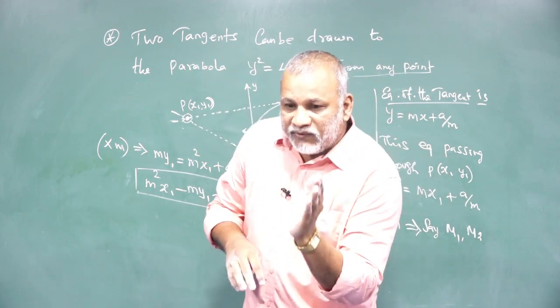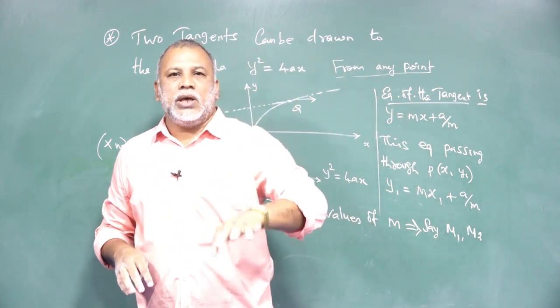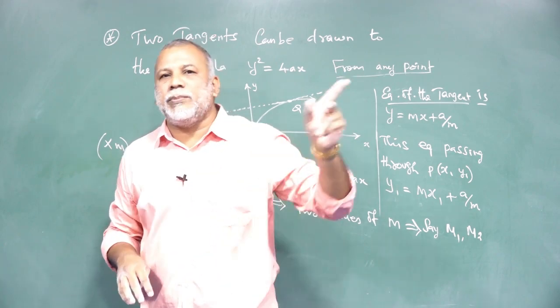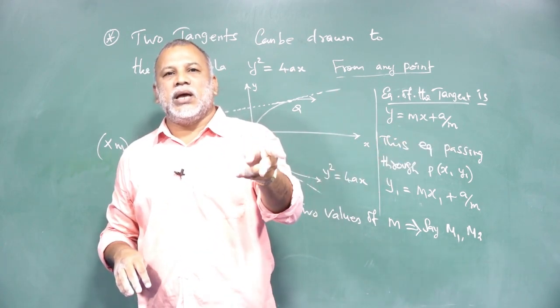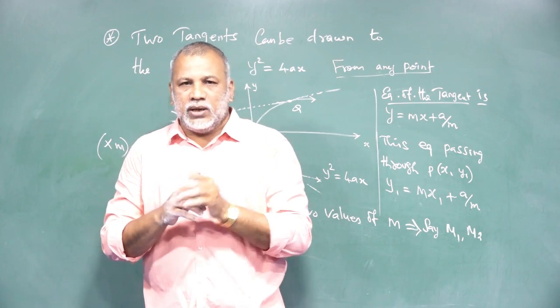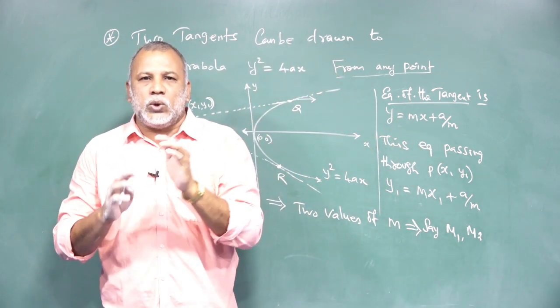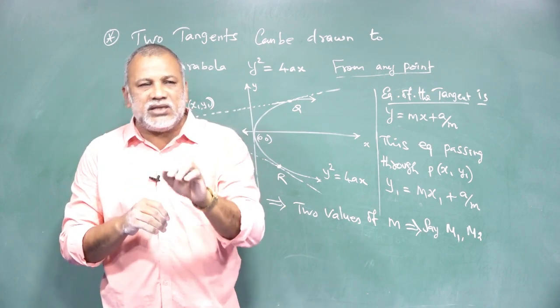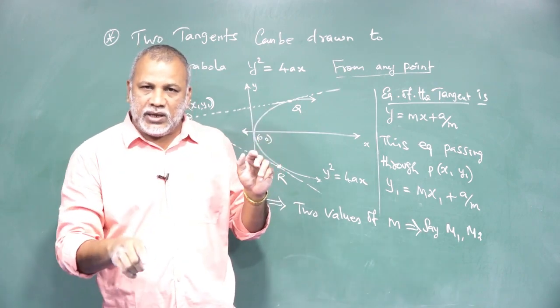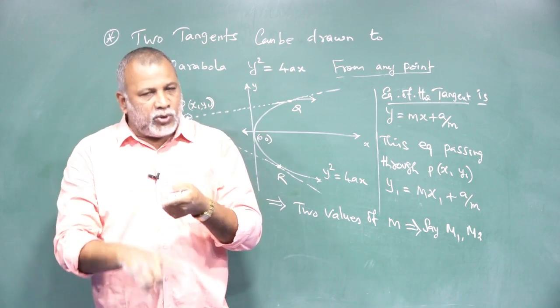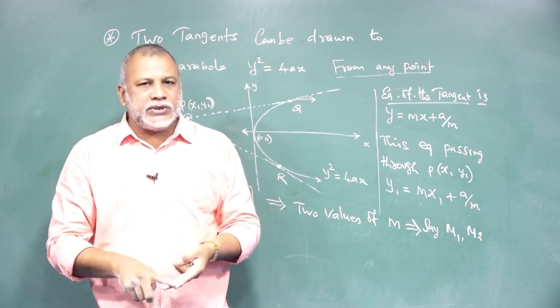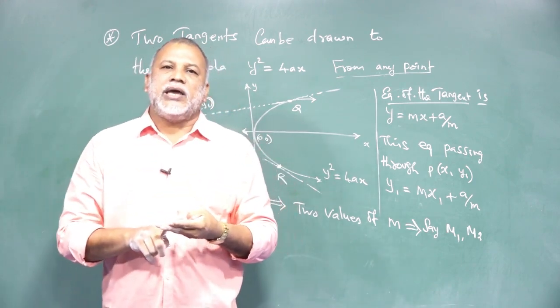Dear students, with the same concept, you try yourself for the ellipse and the hyperbola. That is your logic. Already we worked out the condition for the line y equal to mx plus c to be a tangent to the parabola, to the ellipse, and to the hyperbola.